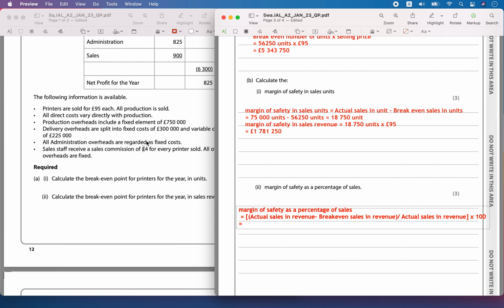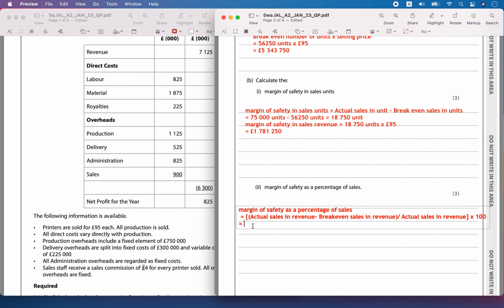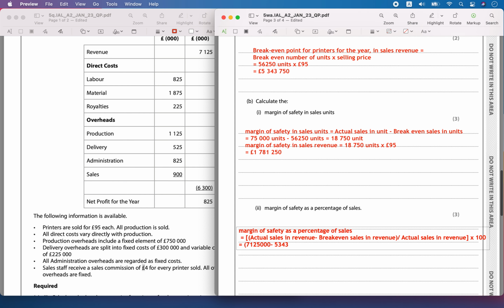Now the actual sales in revenue was 7,125,000, minus the break-even sales in revenue, which was 5,343,750, divided by the actual sales, which is 7,125,000. This entire thing I will have to multiply with 100 at the end to get a percentage.